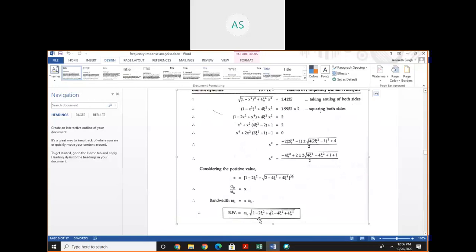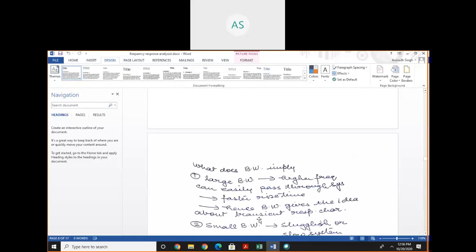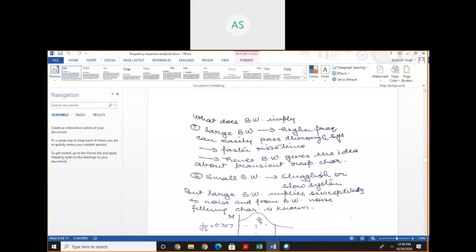So x is equal to this, and x is equal to omega b by omega n. So bandwidth omega b is equal to x times omega n, and substituting the value of x, we get the bandwidth is equal to this.